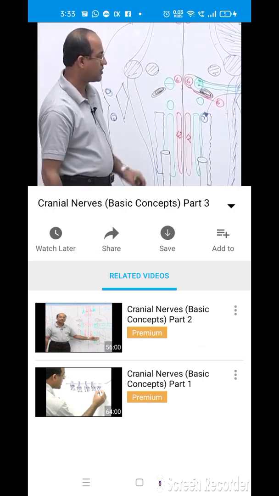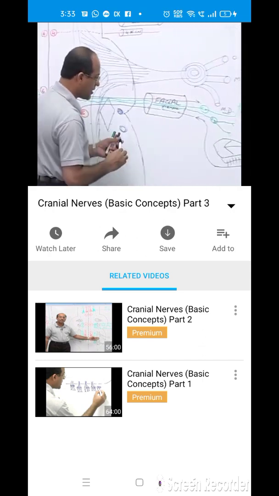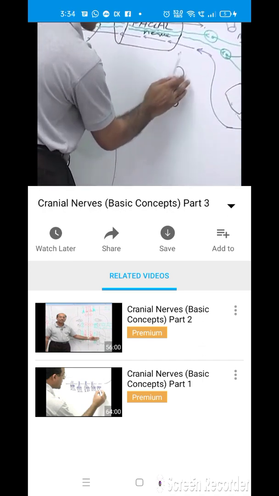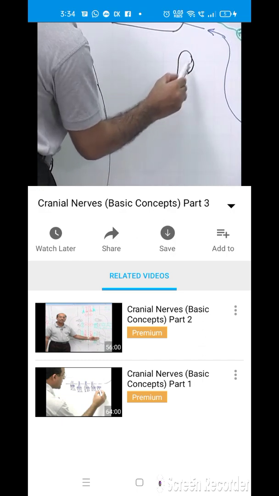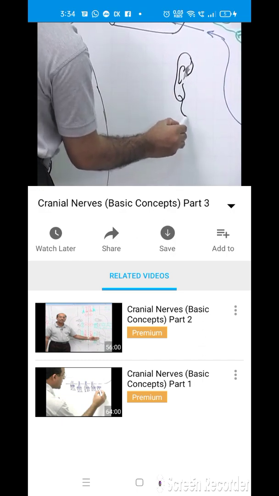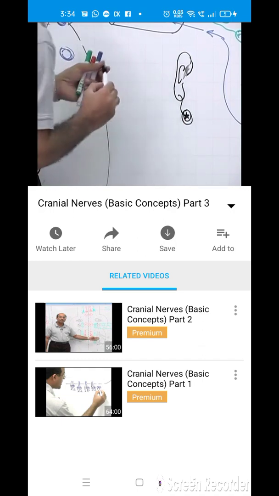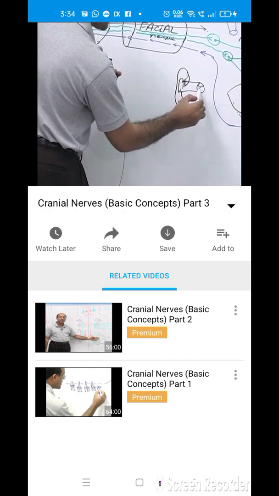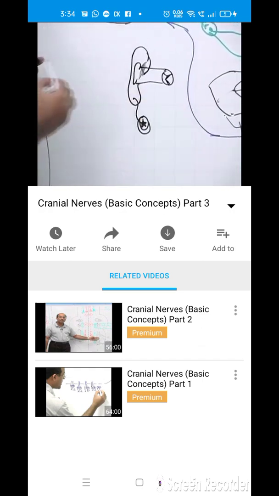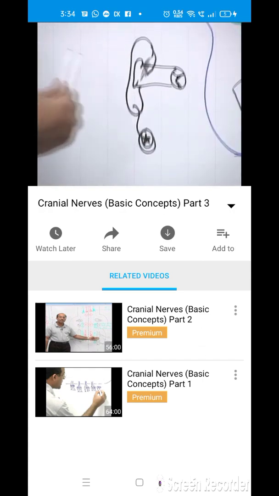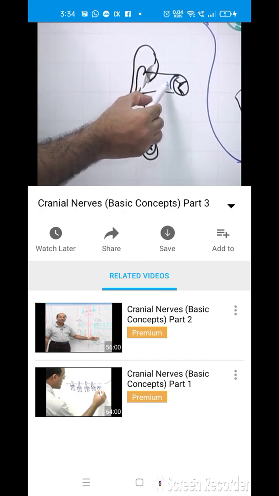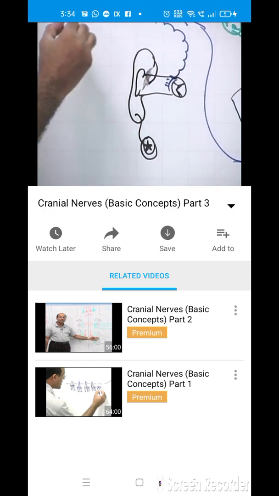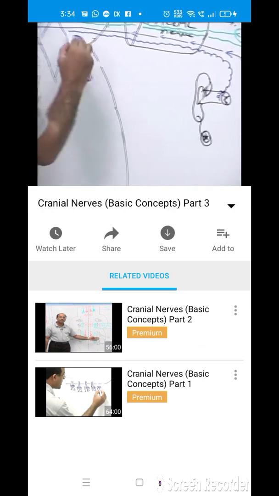Then, from the external ear and tympanic cavity, the seventh nerve has some general somatic fibers of touch, pain and temperature, and these fibers must end up with what?